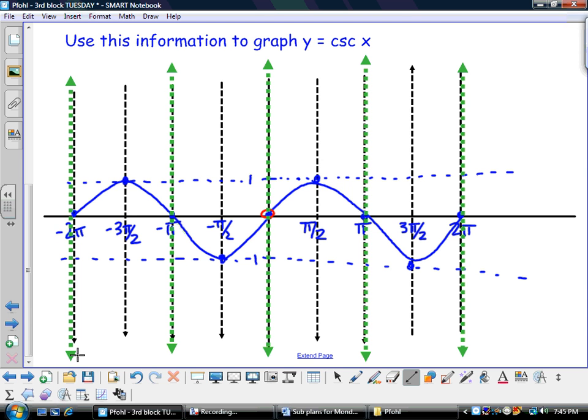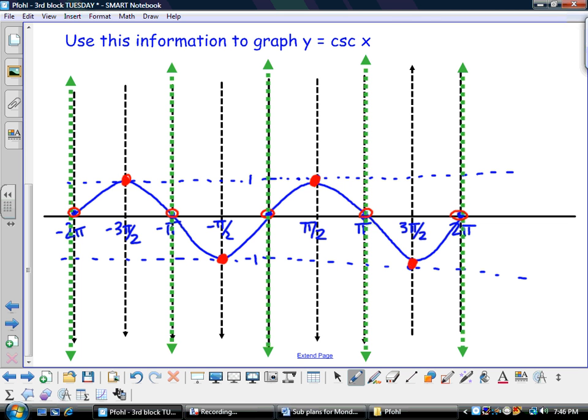Any place the sine graph is 0, the cosecant graph has an asymptote. Then we said anywhere the sine graph was 1, the cosecant graph would also be 1. Anywhere the sine graph was negative 1, the cosecant graph would also be negative 1.